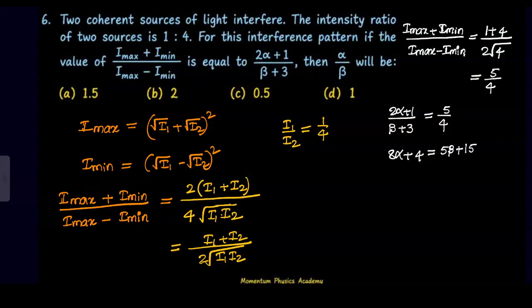So if we simplify it, this is 8 alpha, which will be equal to 5 beta plus 11.